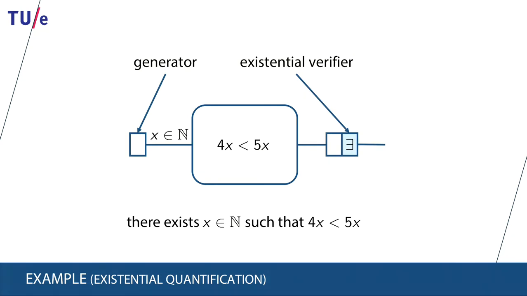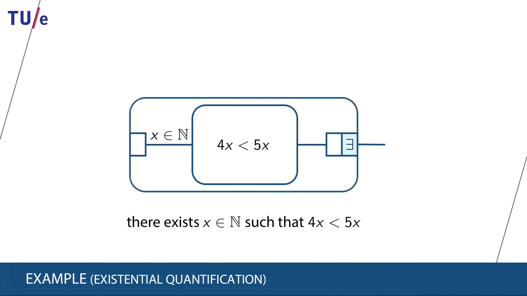It is similar to a universal verifier in the sense that it monitors the output port of the device, but it is different in the sense that it produces a 1 if the generator at some point generates an x for which 4x is less than 5x, and a 0 if the generator never produces such an x. So, the resulting device can be thought to evaluate the predicate 4x less than 5x for all natural numbers x and produce a 1 on its output port if at least one of these evaluations results in true. It produces a 0 otherwise.